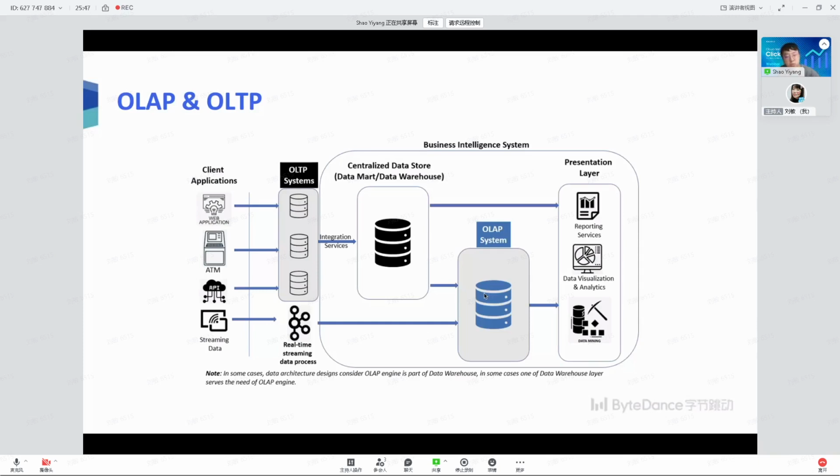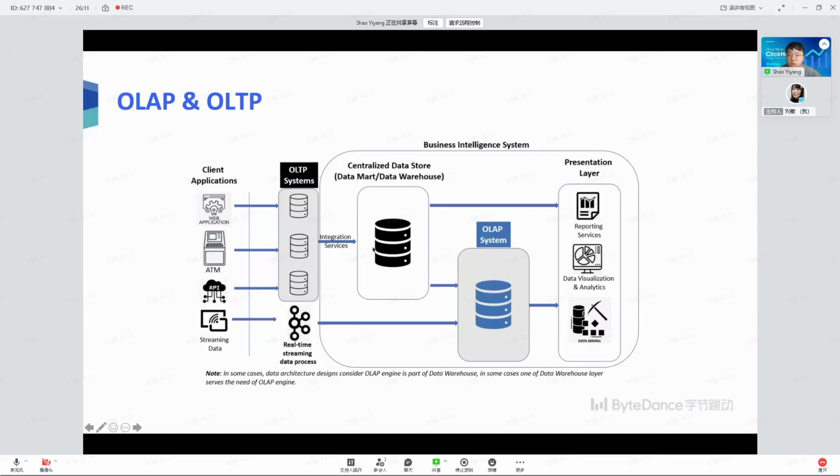OLAP sits inside a data pipeline or a data system, becoming an add-on to the traditional transactional database. You can see from this diagram, the transactional database will still process all those daily data processing, like your ATM transactions, your e-commerce ordering, your hotel or flight booking.